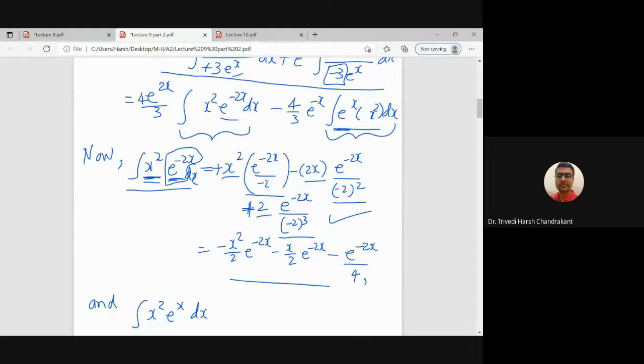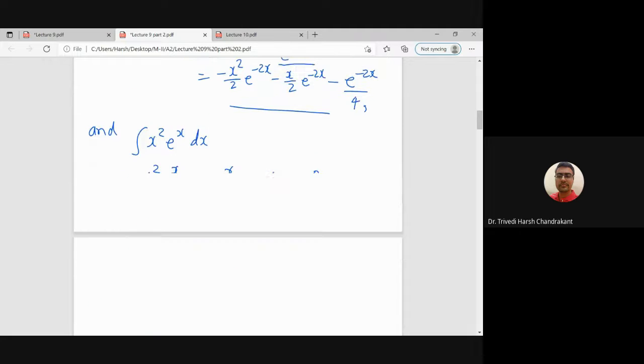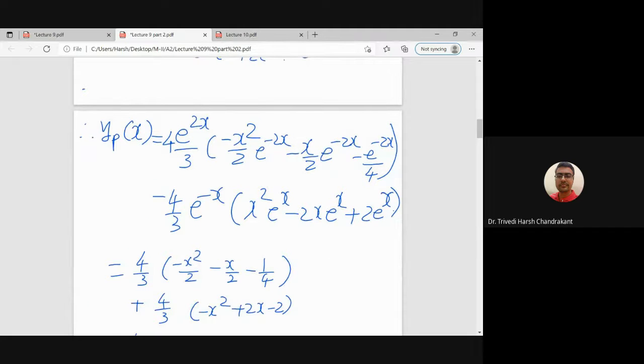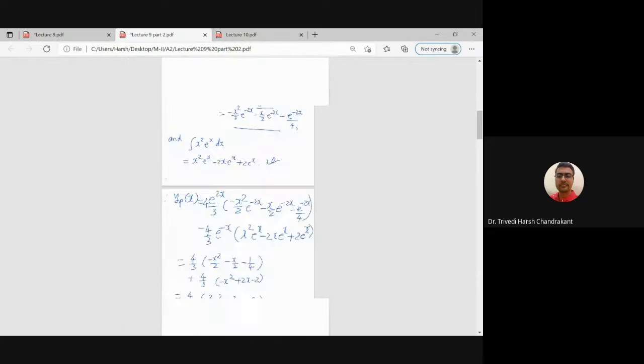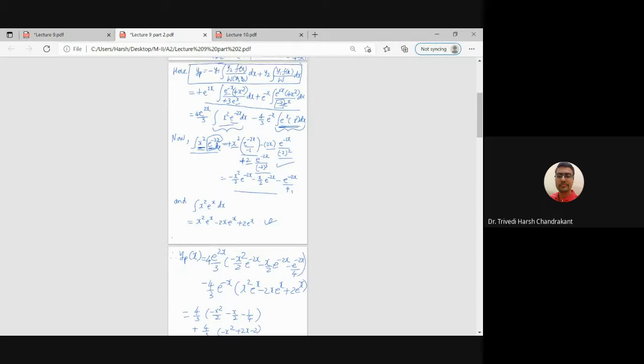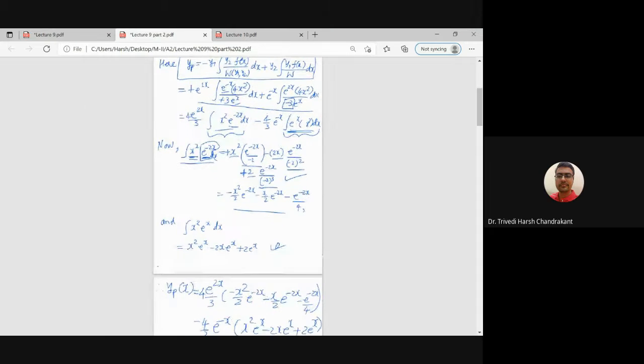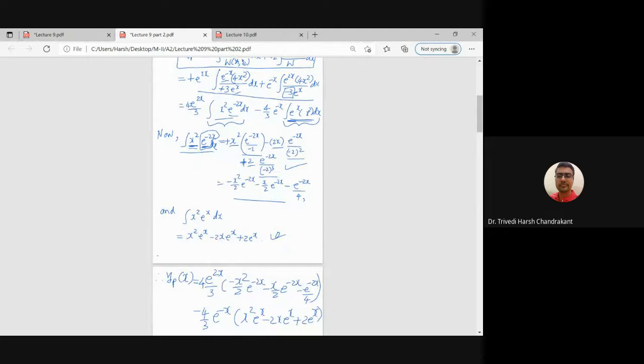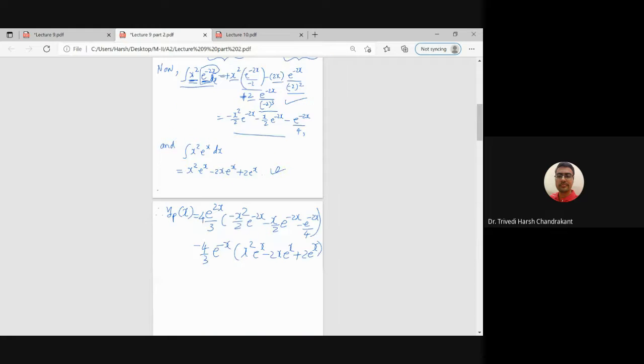Substituting both integrals here, we will get this term: 4 e power 2x by 3 times minus x square by 2 e power minus 2x minus x by 2 e power minus 2x minus e power minus 2x by 4, right? The same way we substitute the second integral.